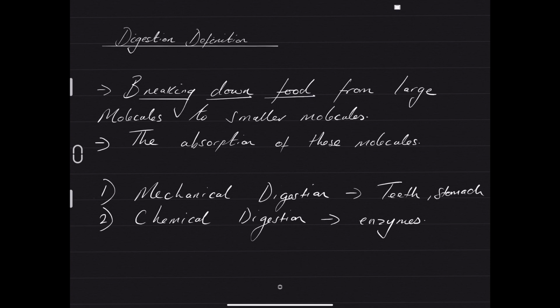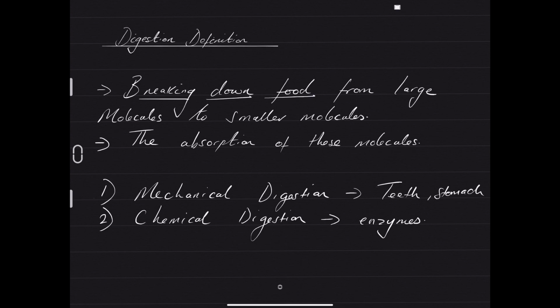So mechanical digestion is breaking down of food into smaller pieces, and this allows for chemical digestion to occur by breaking down those smaller pieces into smaller molecules, which are easier to absorb by the body. Now, a note on this: chemical digestion does not occur further down the digestive process. It starts to occur right at the beginning.